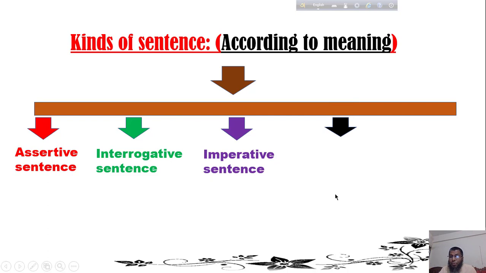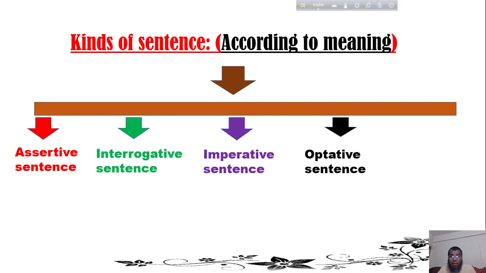And next one, what? Correct. Optative sentence. Fine. So what is an optative sentence? Optative sentence is such a type of sentence by which we wish or pray. Right. So an optative sentence is a sentence by which we can wish or express something.